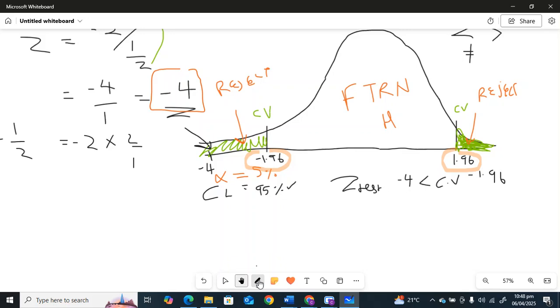So for more context, as I explain where it's coming from, this white region represents the confidence level. So it's 95% here. Remember, the significance level is 5%, so you split it: 2.5% here, 2.5% here.